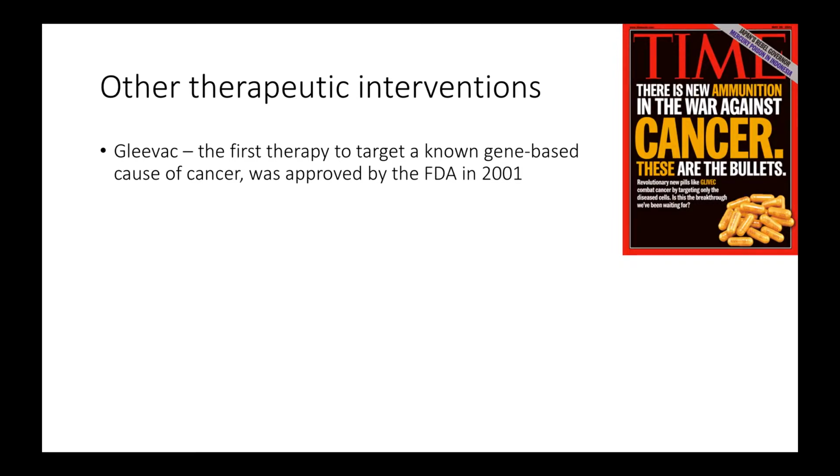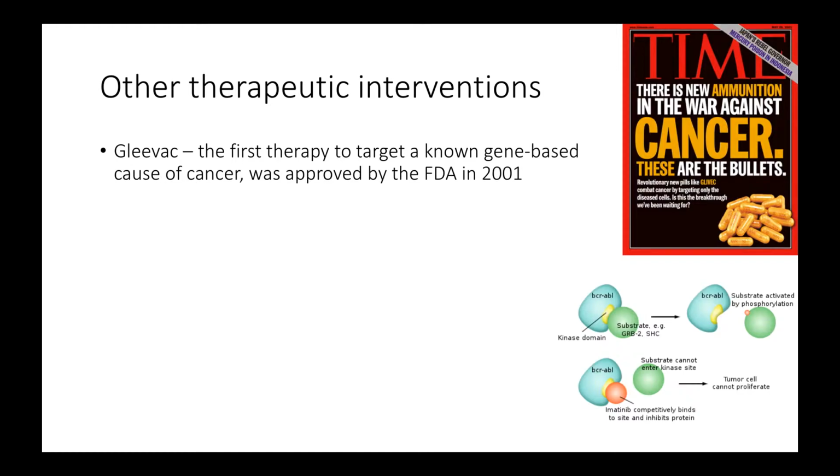Gleevec is the first therapy to target a known gene-based cause of cancer and was approved by the FDA in 2001. This inhibits an enzyme produced by a mutant fused version of two genes, BCR and ABL, that causes chronic myelogenous leukemia, as you can see in the figure, while a substrate would normally bind to the mutated domain.